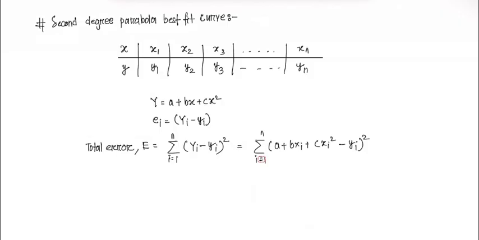So differentiating all the values with respect to a, b, and c, we will be getting the three normal equations. We will solve them and find the values of a, b, and c. Then we will put those values and get the equation of the curve.